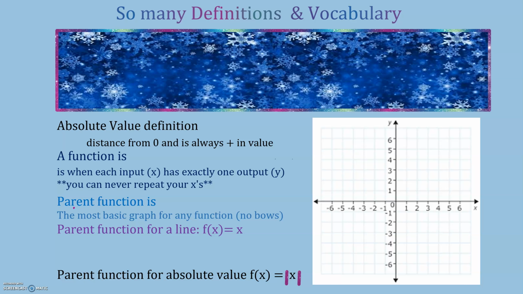So a parent function is the most basic graph ever. Like there's no bells, there's no bows, there's no whistles, there's nothing pretty about it. It is absolutely as basic as can be. We have seen an actual basic graph or parent function before when we have done linear functions.